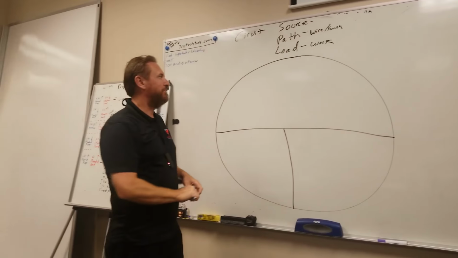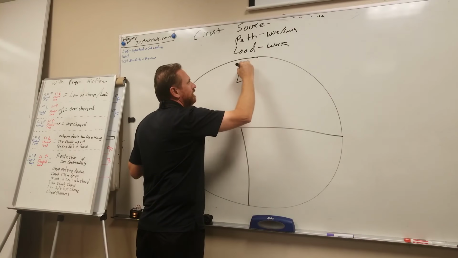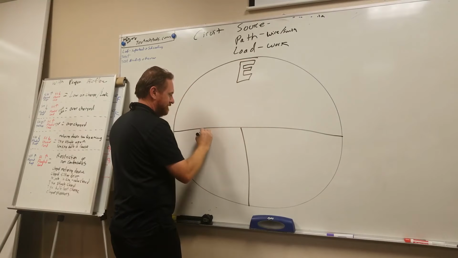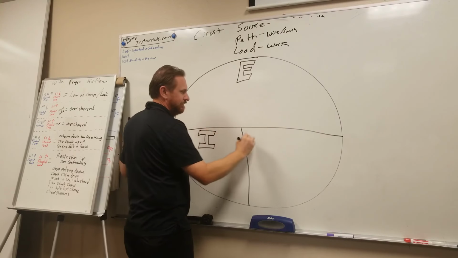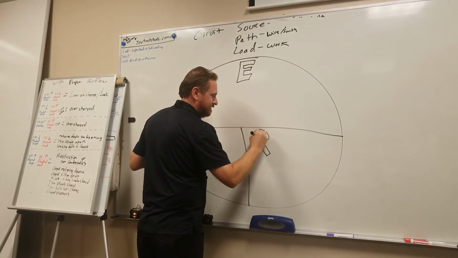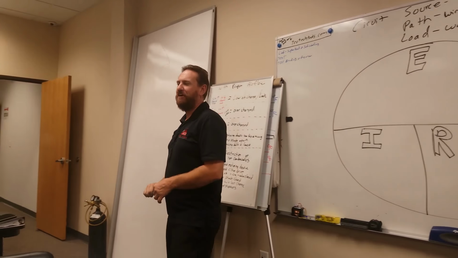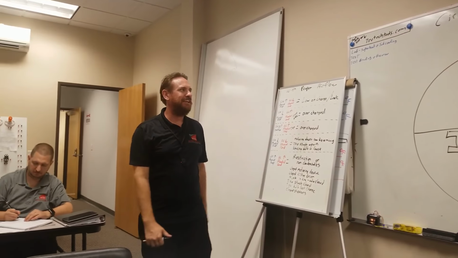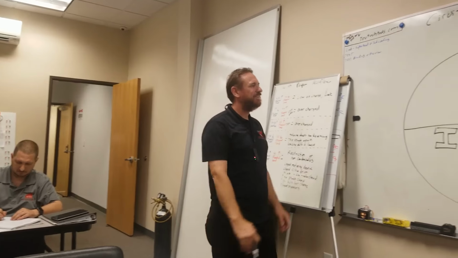The most important part of electricity is going to be this: E over I and R. But it's not that simple, because nothing in HVAC is that simple, is it? No, it's not.